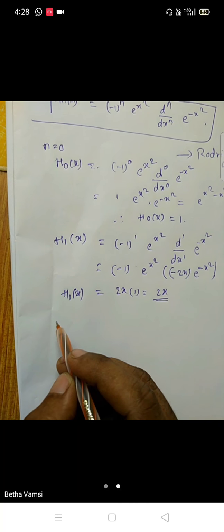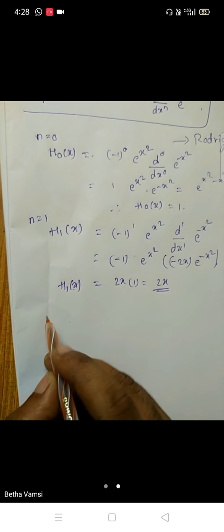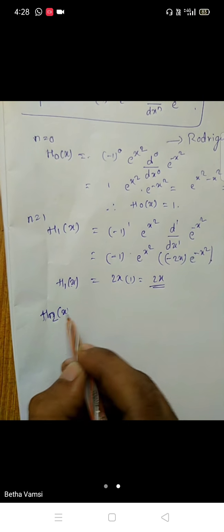Like this you can find the values of h0 of x, h1 of x, h2 of x, h3 of x, and so on, by the Rodrigues formula. So put n is equal to 2.